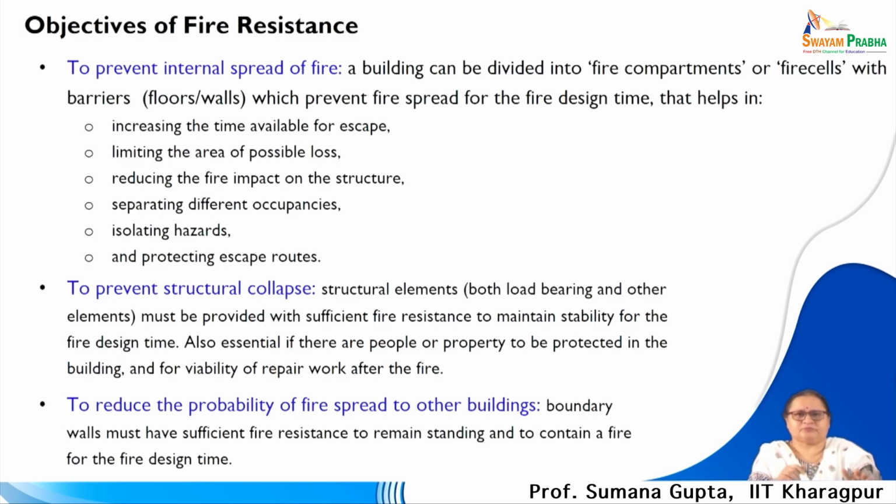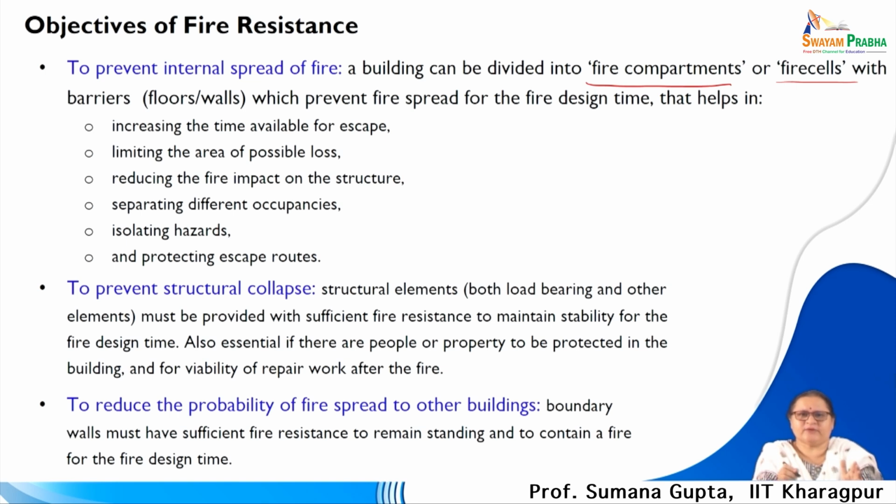First is to prevent the internal spread of fire. We had already discussed this, but now we will be very specific. We have looked into the concept of fire compartmentation or fire cells, with the appropriate barriers.